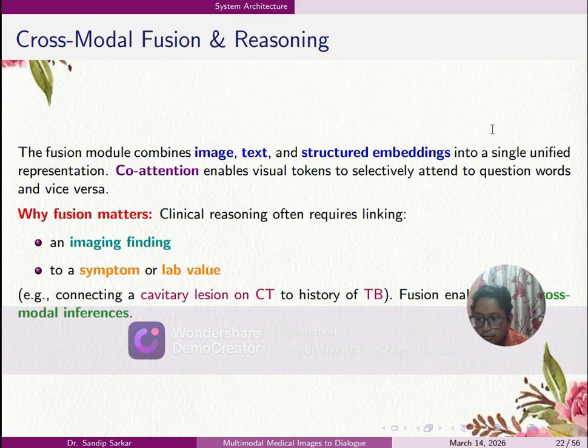This model combines image, text, and structured embeddings. Co-attention enables the image to focus on important clinical words and allows attending to lab values. Spatial attention links things such as connecting a CT abnormality to lab abnormalities.